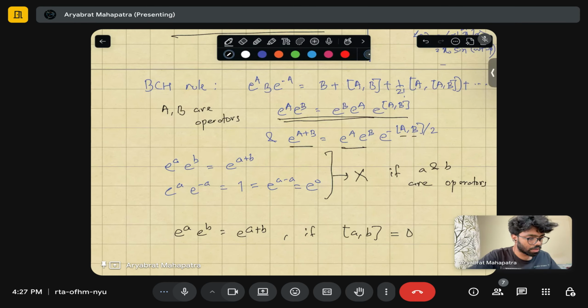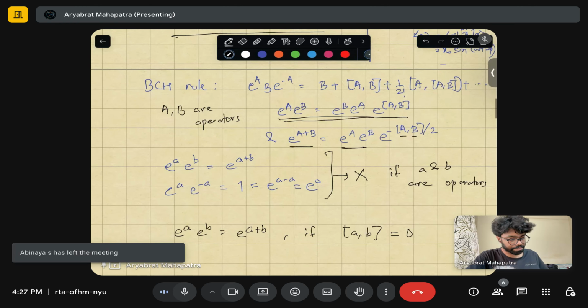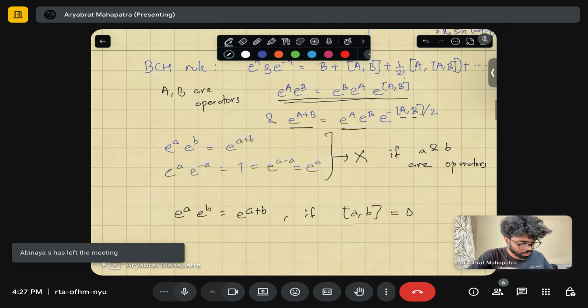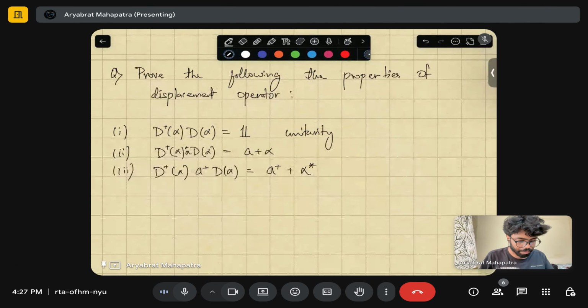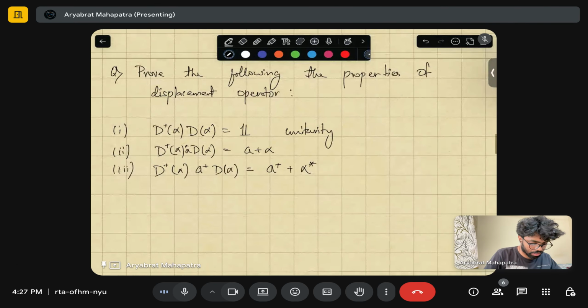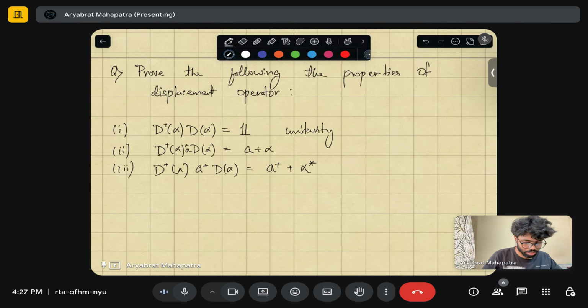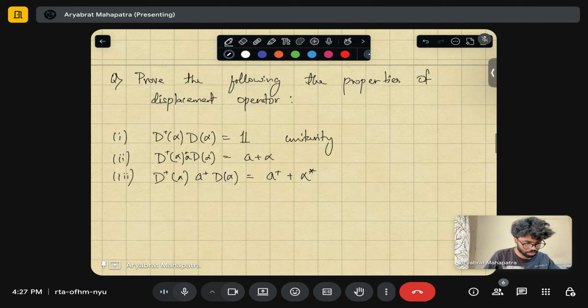Okay, fine. So we can see some questions right here. Using this displacement operator, first we have to prove some of the properties of the displacement operator.